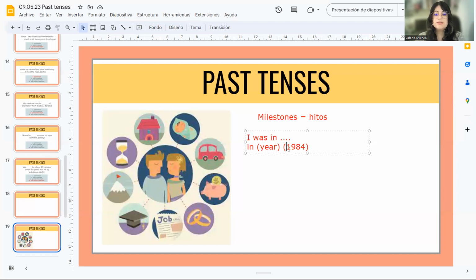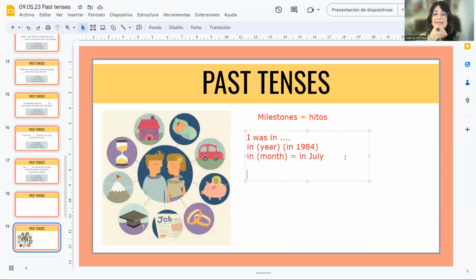So in 1984. And what happens if I want to say the month I was born? I have to say in July, for example. All right, so in for months and for years.